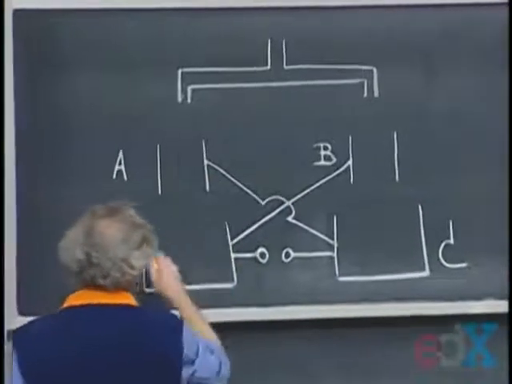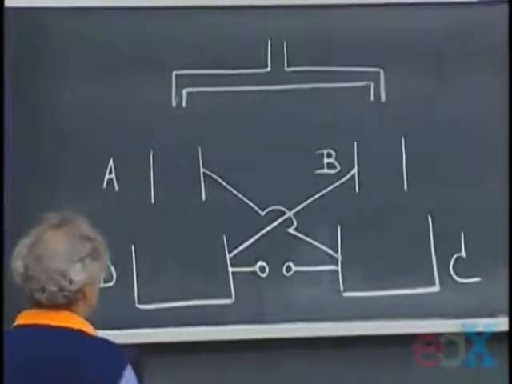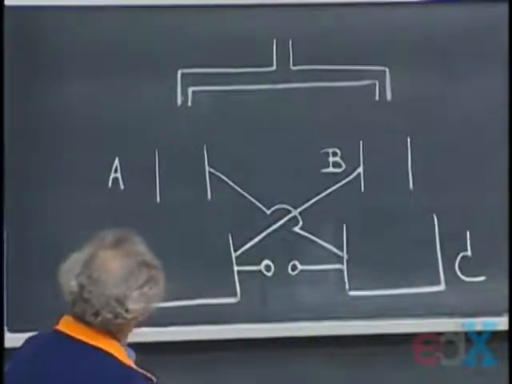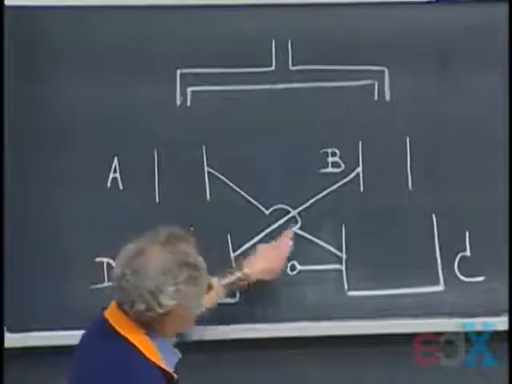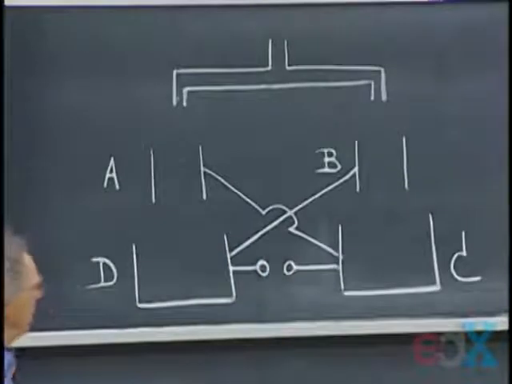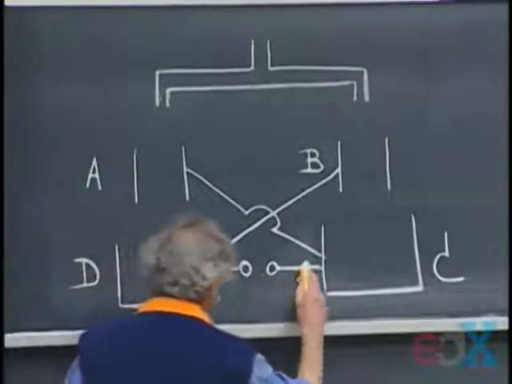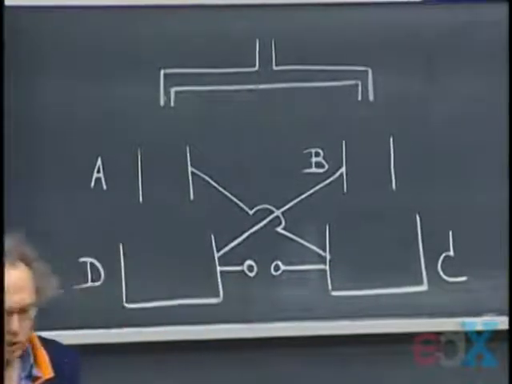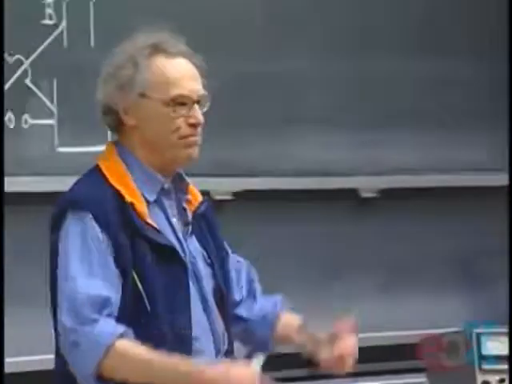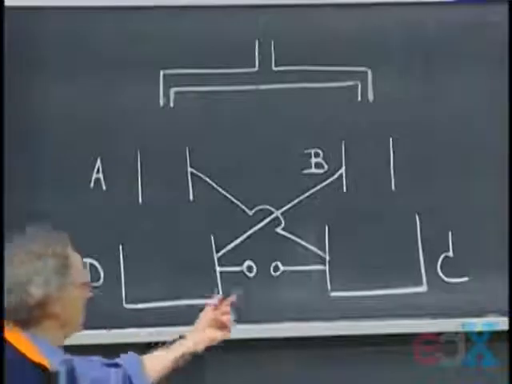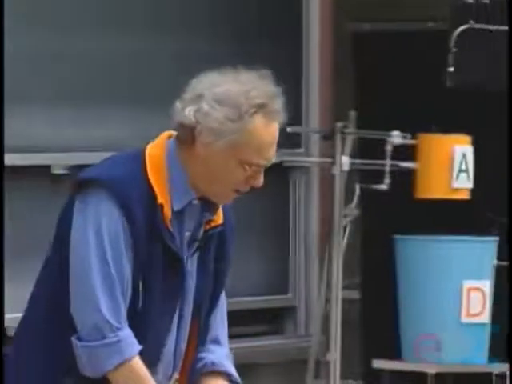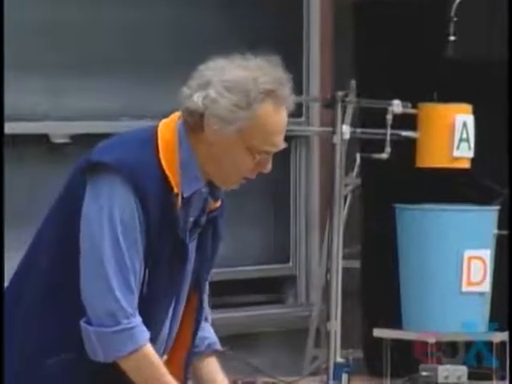And we collect these water drops here in bucket D, it's a conductor, and this water is collected in bucket C, it's also a conductor. And the paint can A is connected to C, that's crucial, and the paint can B is connected with D. And here there are two balls which I can bring close together. I run water, and after a while I see a spark here. I can even see a spark when the distance is something like 6 millimeters, which would be about a potential difference of about 20 kilovolts.